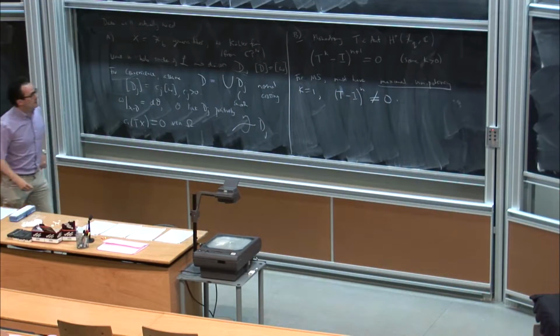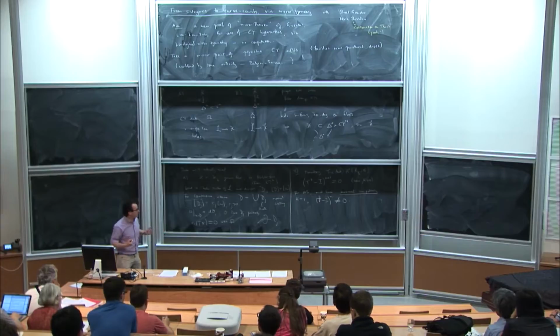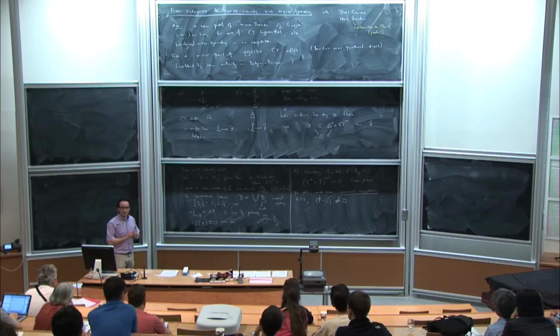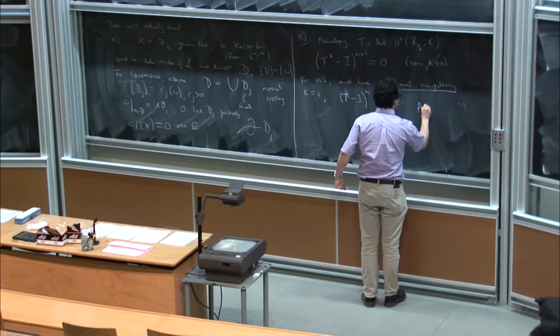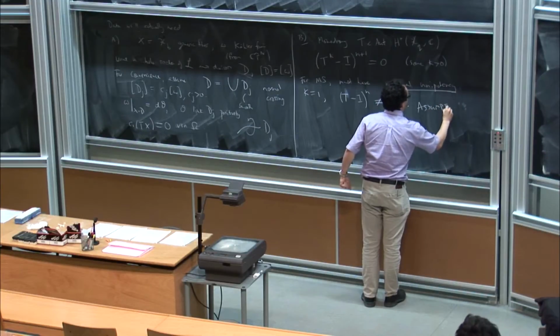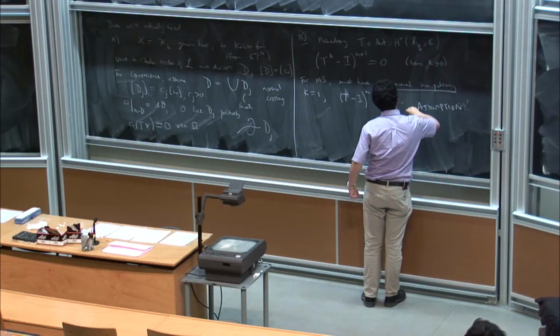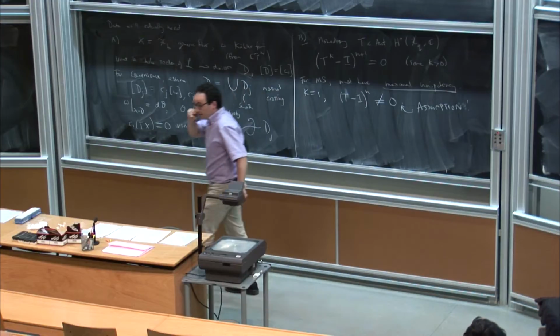So somehow that's expressing the idea that your fibers are really degenerating very much in the limit as you go to 0 in the disk. Okay, so this is, for us, an assumption. That's an input for us.